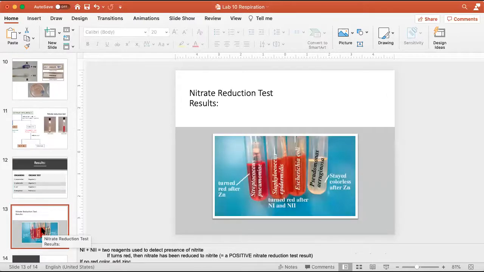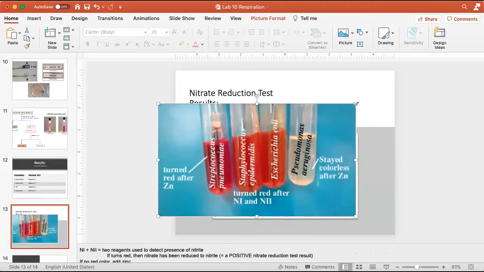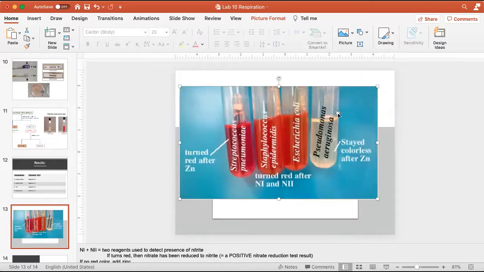So here's our results. Streptococcus pneumoniae is over here on the left. Staph epidermidis is in the middle. Here's E. coli. Here's the Pseudomonas. Now you'll notice there's some text here because it's telling us where these colors came from.